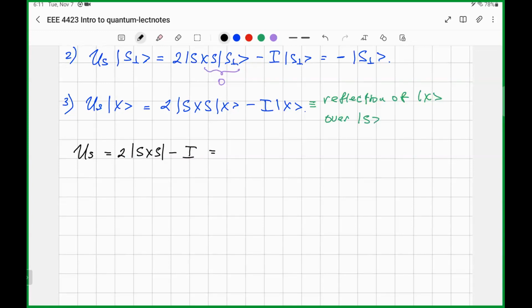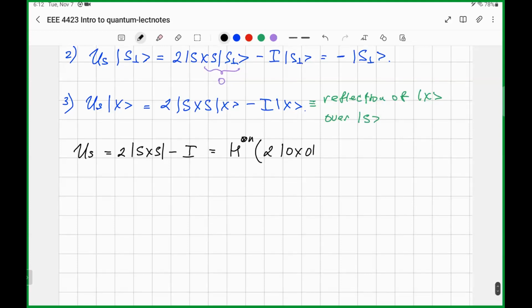So this operator can be rewritten as the Hadamard tensor N. Okay, so the Hadamard applied to all the qubits in the circuit. Then goes this line 2, then 0, 0, and this 0 states to the power of n, which denotes the vector of all zeros, right, in the string. And again, n is the number of qubits. Minus identity times the Hadamard.